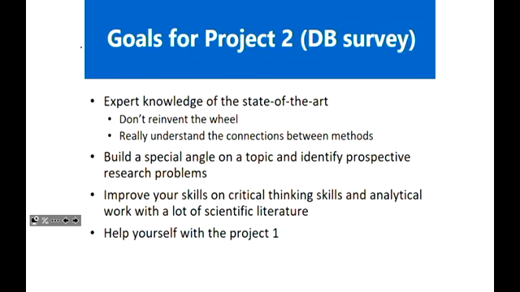That is the key thing to write any survey or any key paper. Improve your critical thinking skills and analytical work with a lot of scientific literature. For example, you need to know the depth and breadth of the field first before you come up with any writing. You should know what has already been done in that field, and then come up with something new that should be useful for that field.